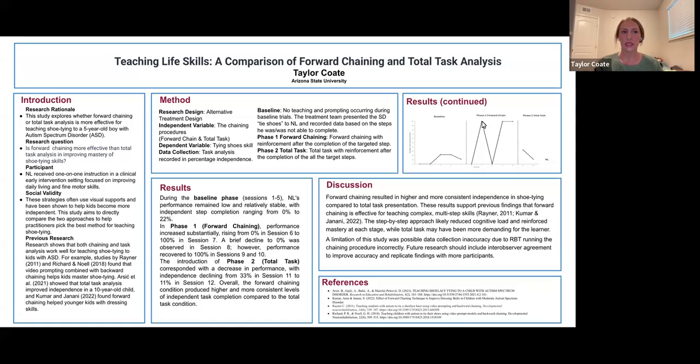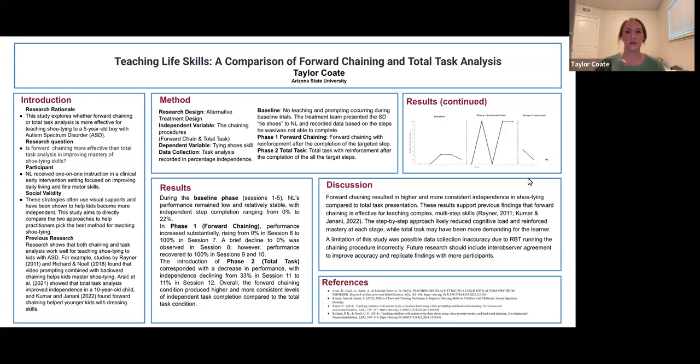Session seven, it states 100%, but from observation it actually should be zero. I know it's an outlier and we're stating it. Then session eight, back to zero. He goes up to 100% across 9 and 10. With the phase change, it goes down to 33, then 11% completely.